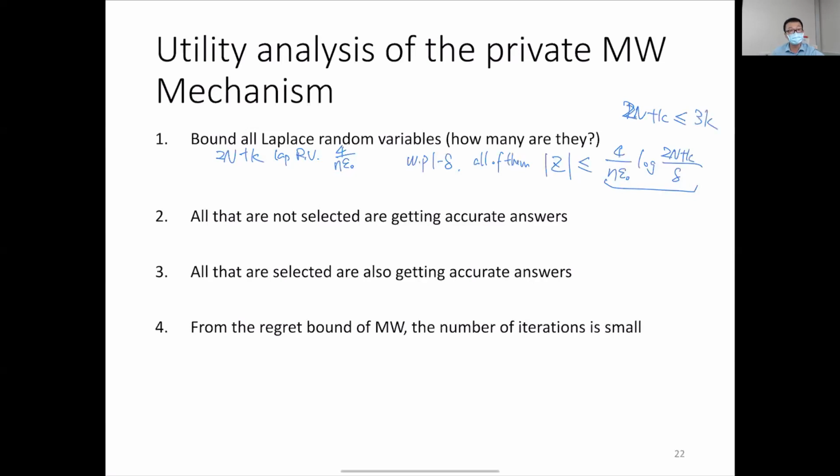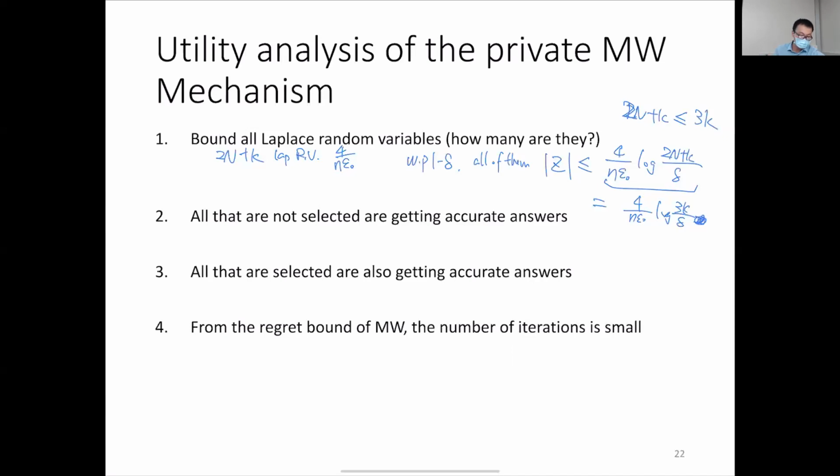I can always do this because the total number of queries that are above the threshold must be smaller than the total number of queries. So this becomes 4 over n epsilon 0 log 3k over delta. Let's not worry about defining this to be something else.